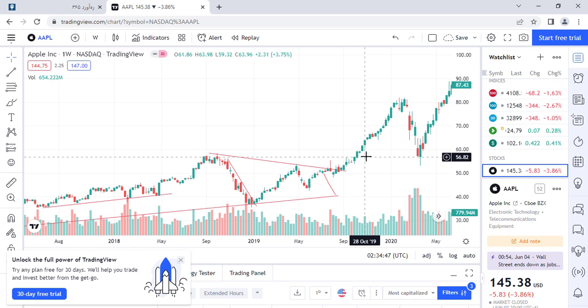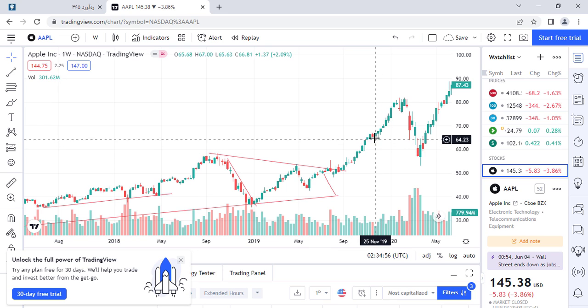You can see here most of the candles shadows in the downside is under the candles.